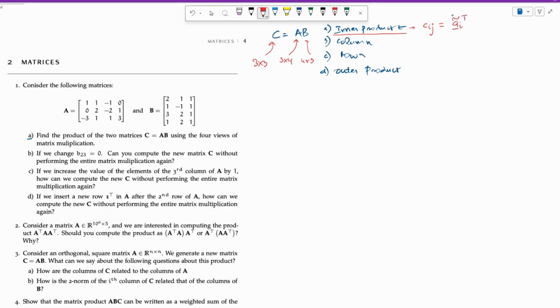Remember, this is the representation we're going to use for the ith row of A and the jth column of B. Now, tell me the individual components. We need to get a 3 by 3 matrix. Tell me what is C11, C12, C13, etc., where Cij is given by the inner product of the ith row of A and the jth column of B.